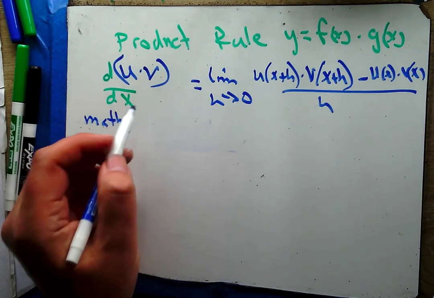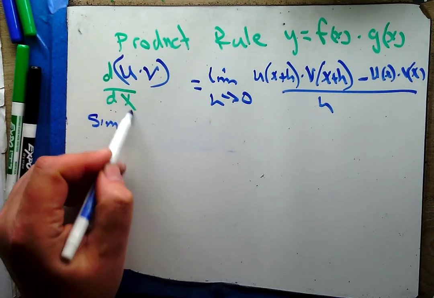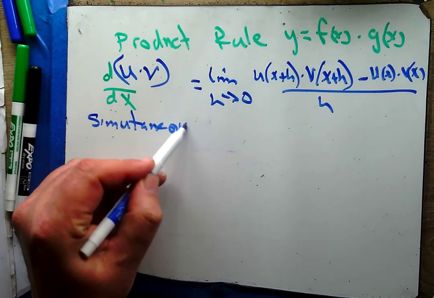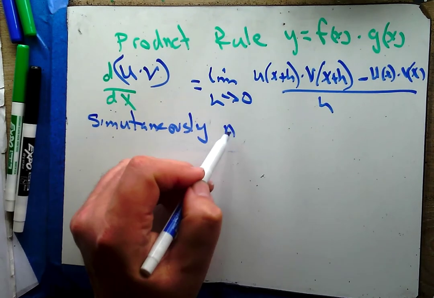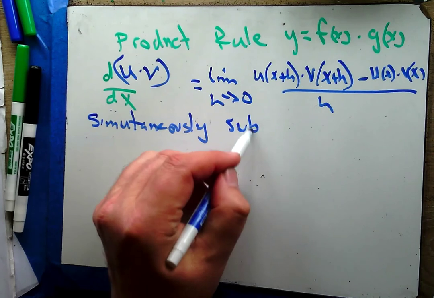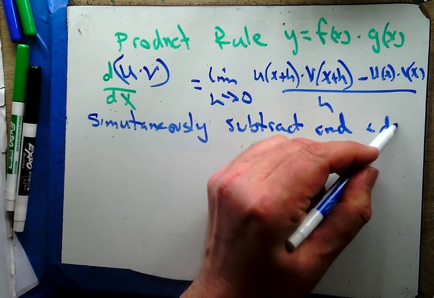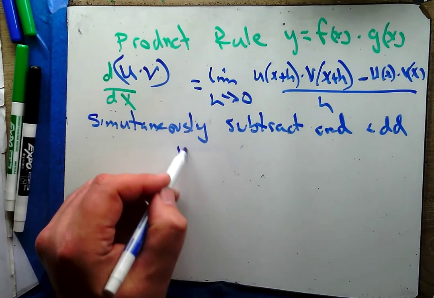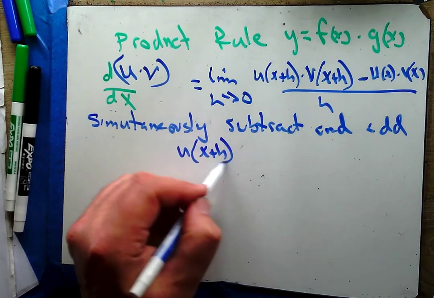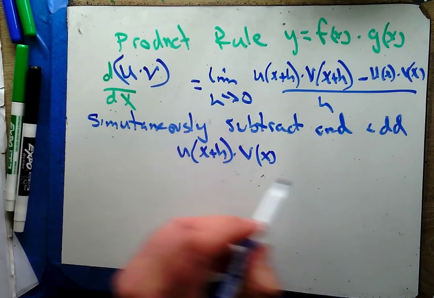So what I want to do is simultaneously subtract and add this u of x plus h times v of x up here on top.